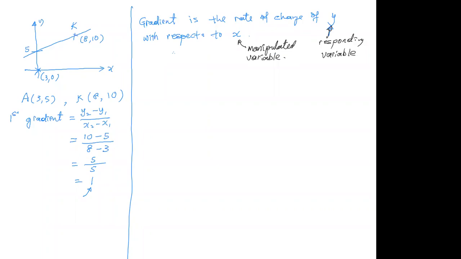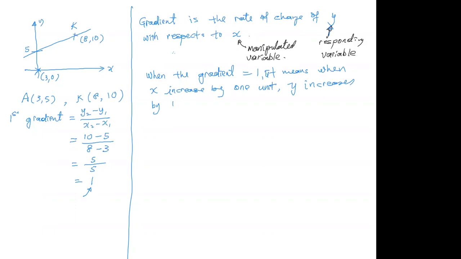I'm the one in control, I manipulate it. So when we talk about a gradient of 1 unit, that is how we interpret it: when x increases by 1 unit, y increases by 1 unit.